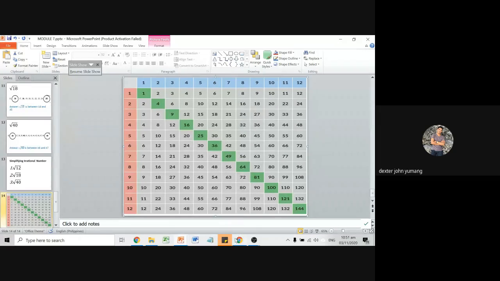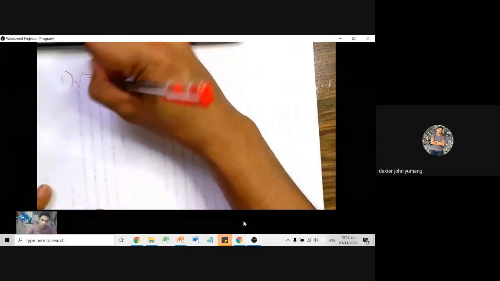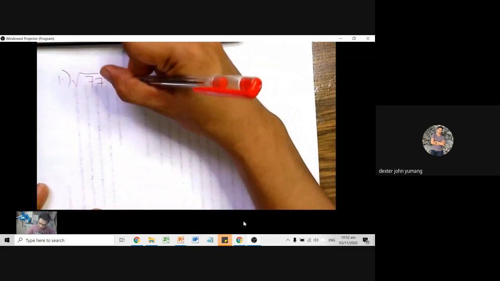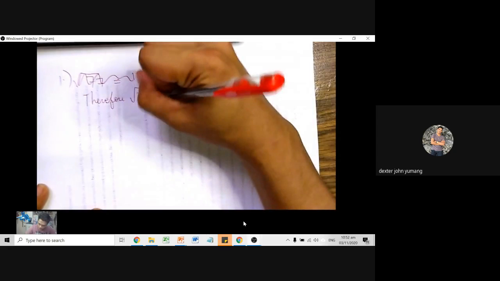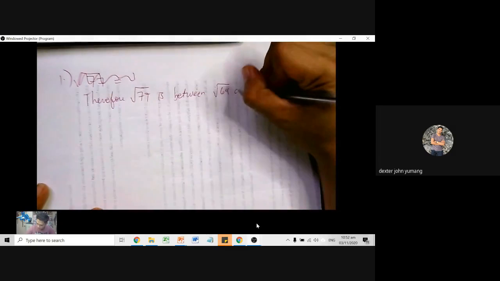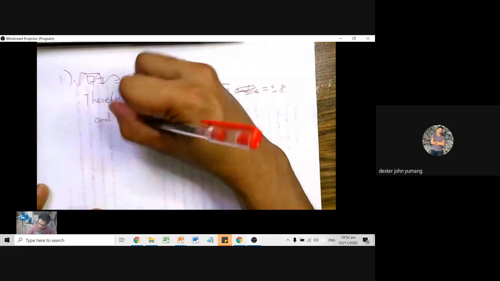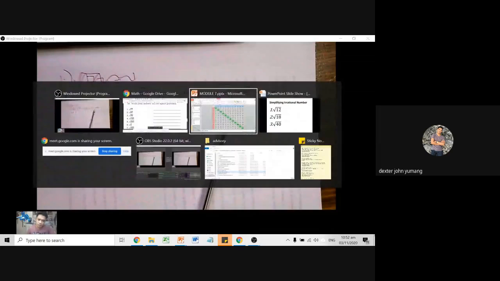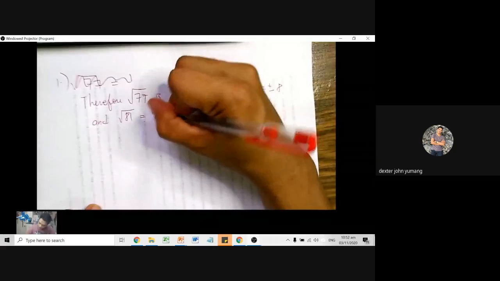So 8 and 9. So therefore, ang sagot dyan sa number 1, square root of 77 is between square root of 64, which is equal to plus negative 8, and square root of 81, which is equal to positive negative 9.